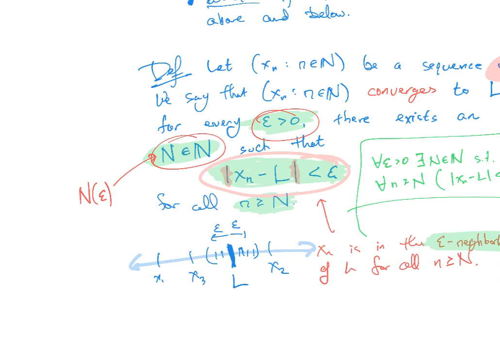It's allowed to depend on epsilon. So you're handed the epsilon, you have to find the capital N that works.